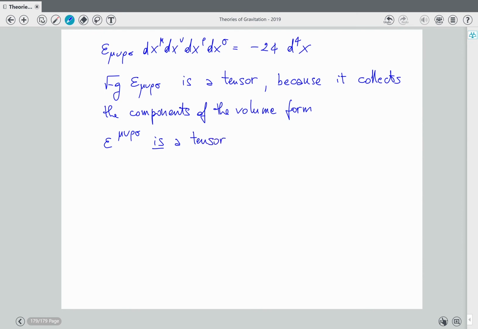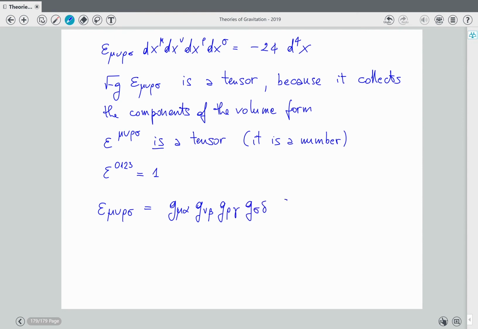if you raise the indices, because this is what you normally define like this: epsilon 1, 2, 3 equal 1, and then the rest. This is a number. And the two statements are actually the same, because it's obvious that you can write epsilon mu nu rho sigma as g mu alpha, g nu beta, g rho gamma, g sigma delta, epsilon with raised indices, alpha, beta, gamma, delta.